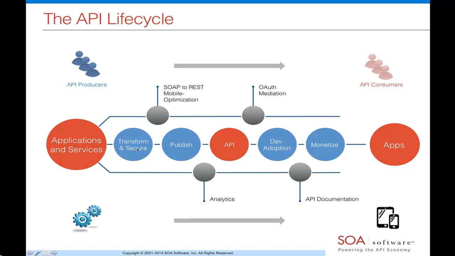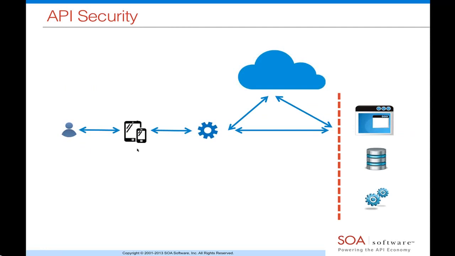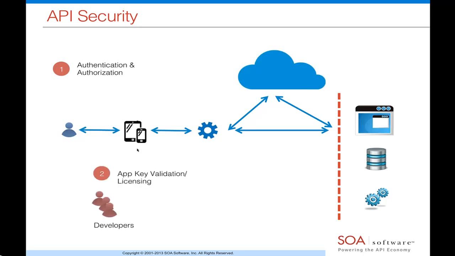What are the different things you need to do to secure an API? The first thing is to authenticate and authorize the user who is accessing the mobile app or any other app that you have created, whether it's a social app or a web app. You need to authenticate the identity and authorize the access for the end user.